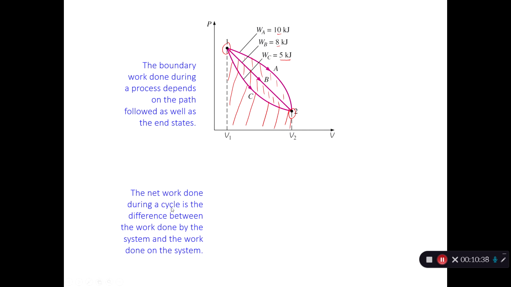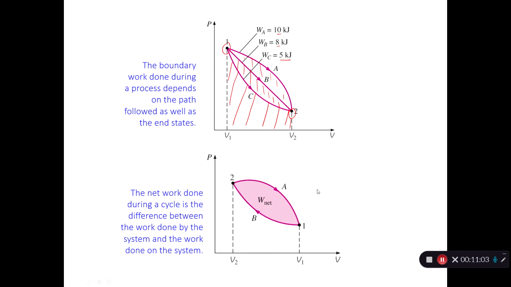Next, the net work done. When you have a cycle, for example, think about your car engine. It's a cyclic device. You don't have to start it 200 times just to drive to the shop. Once you turn it on, it's working in a cycle. You know that, right? Compression and expansion of the piston cylinders. So how that works is, during compression, the system goes from point 1, bigger volume, to point 2, smaller volume.